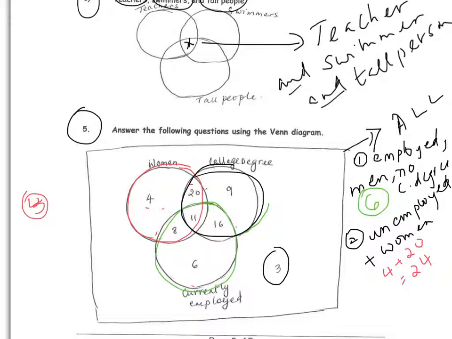So there are 3 people who are men, unemployed, and also no college degree. Basically, they sit outside all 3 circles, which is why there are only 3 people that fit that description.